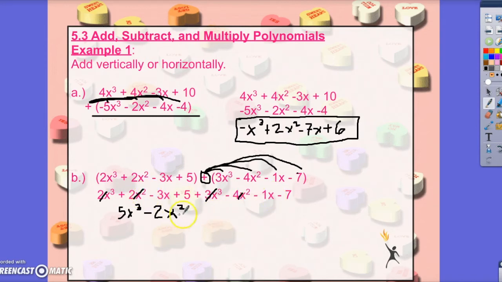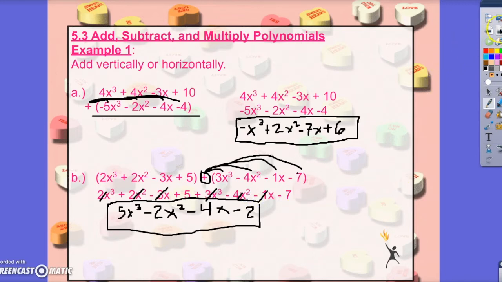Negative 3x minus 1x is negative 4x. Which gets rid of these. And then 5 minus 7 is negative 2. That's my answer. 5x cubed minus 2x squared minus 4x minus 2.